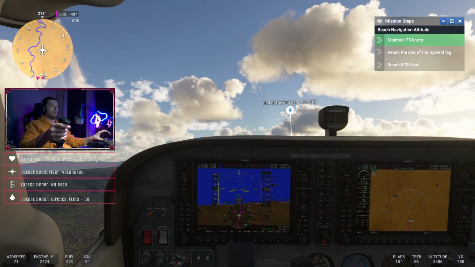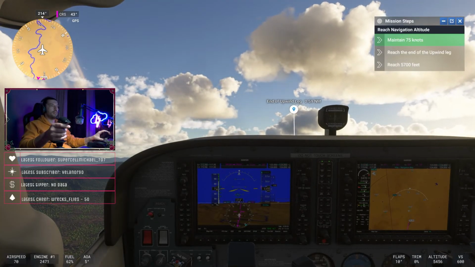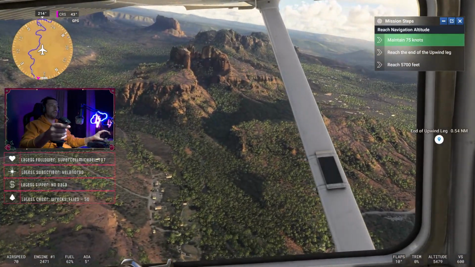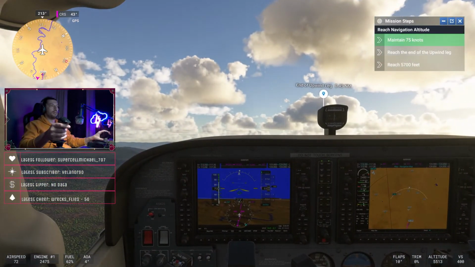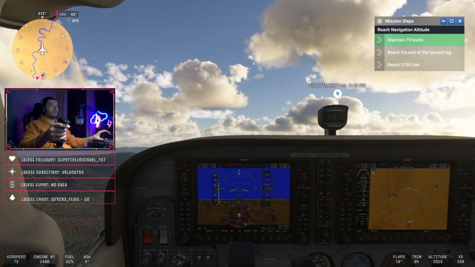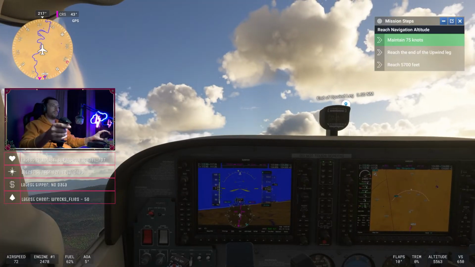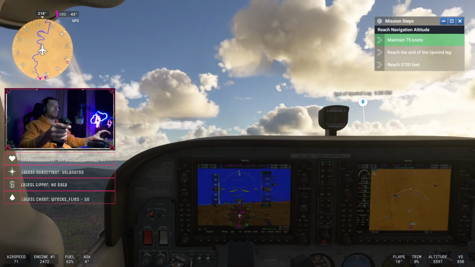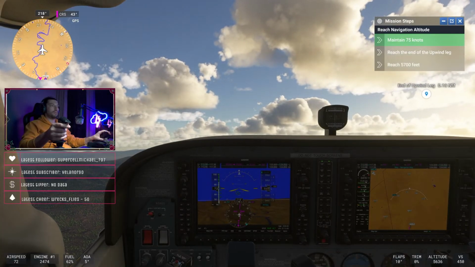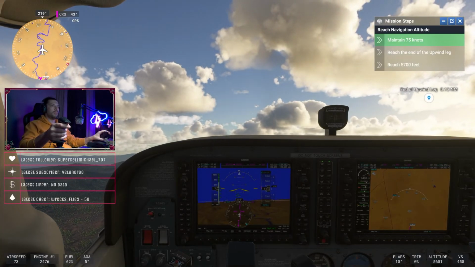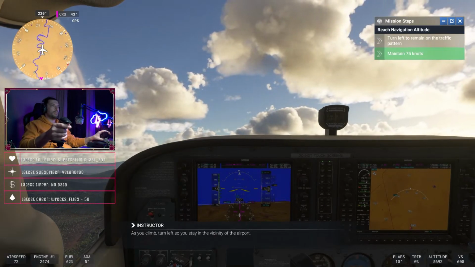All right. It's not going as high as I want. Oh boy, look at that. As you climb, turn left so you stay in the vicinity of the airport.